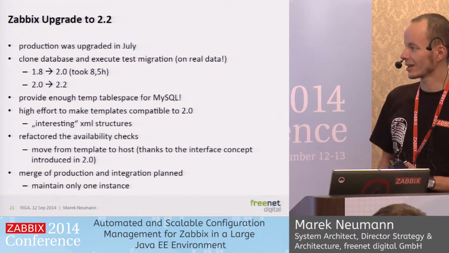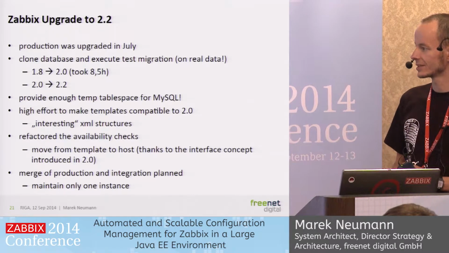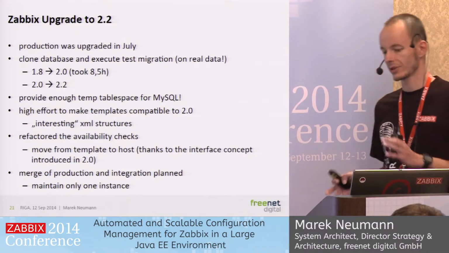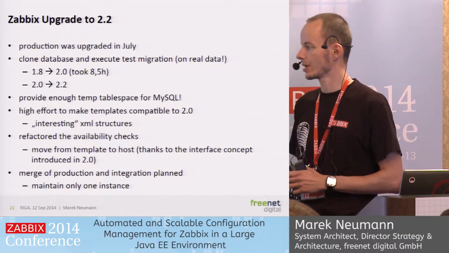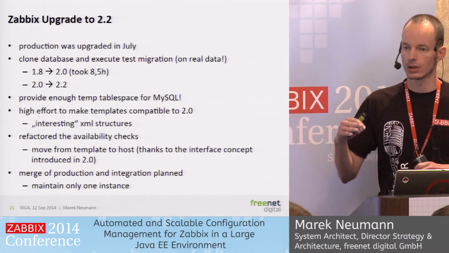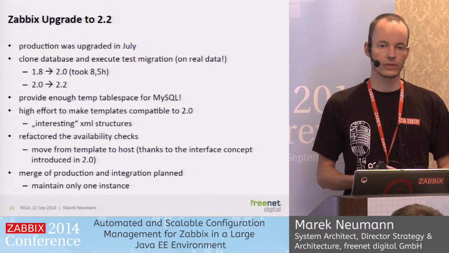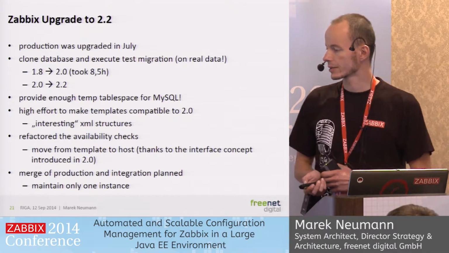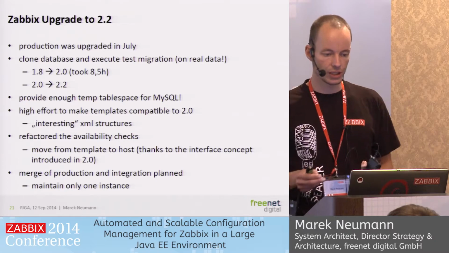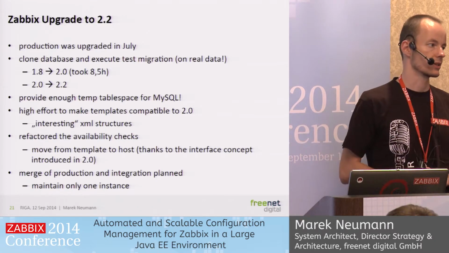We have refactored our availability checks. So we moved from the template design to a host design. So in the past we had one template for the so-called availability monitoring. And the status quo is now that every availability check is based on the host itself.